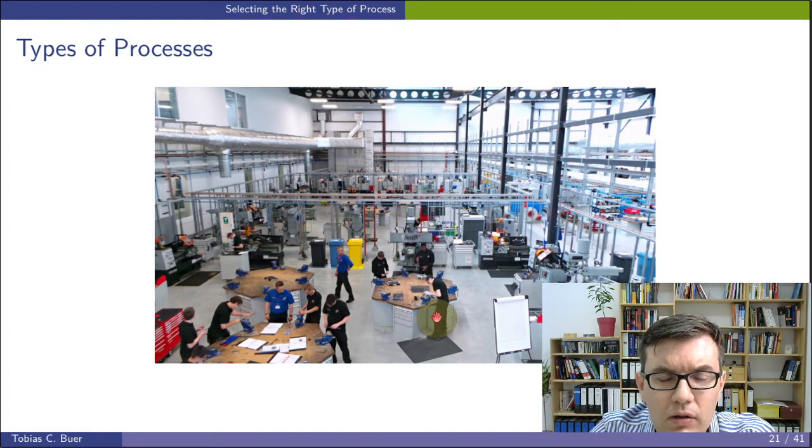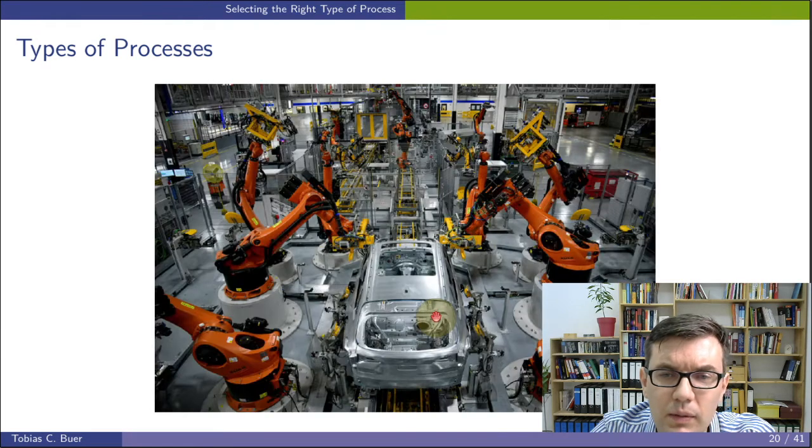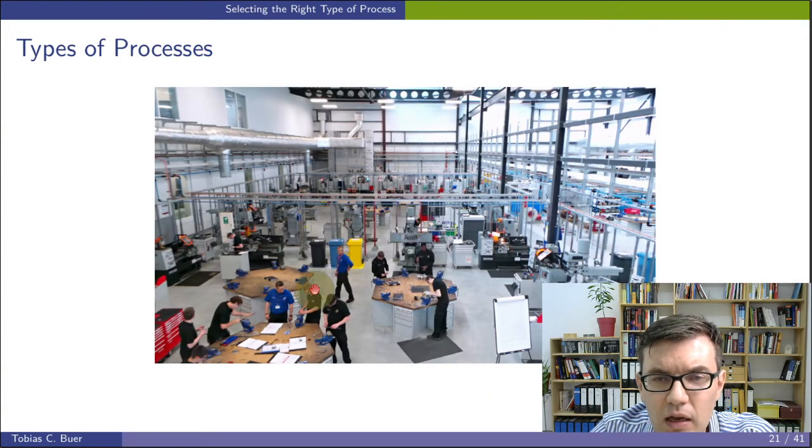So in contrast to the automotive example, where the product that gets manufactured is moved on some production line, in this example we have some individual workstations and the product has to be manually carried from one workstation to another workstation.